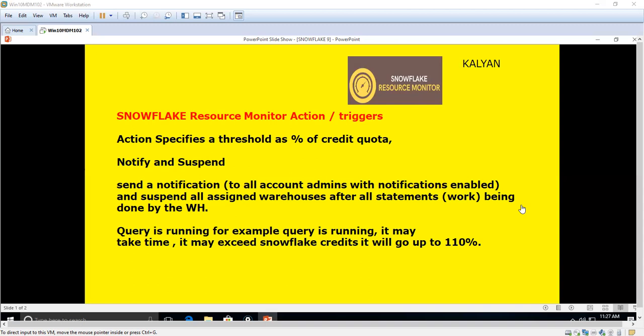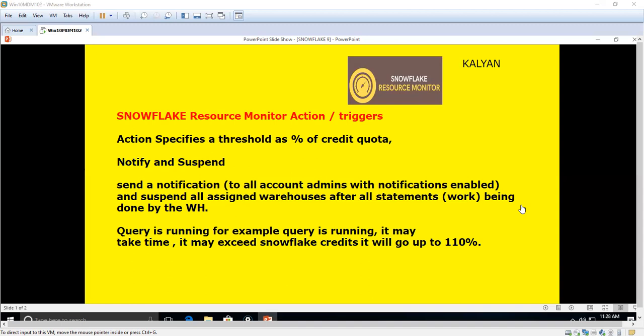Then they will start using the warehouse in an effective way. They know how many Snowflake credits are left in their account, so that they can start using their warehouses and other resources like cloud services in an effective manner, and stay within that limit.